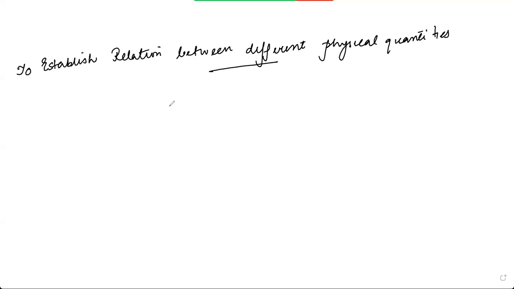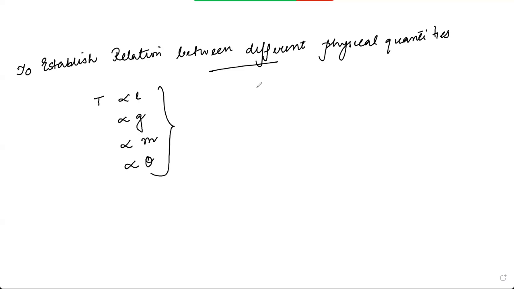We know that the time period of a simple pendulum depends upon the length of the pendulum, acceleration due to gravity. It may depend upon the mass of the bob used. Later on, we will find whether it depends upon the mass or not. But let us consider it depends upon the mass of the bob and also the angle of swing. All these factors we have to take into consideration. Later on, we will derive the formula and find out on which factors it actually depends.